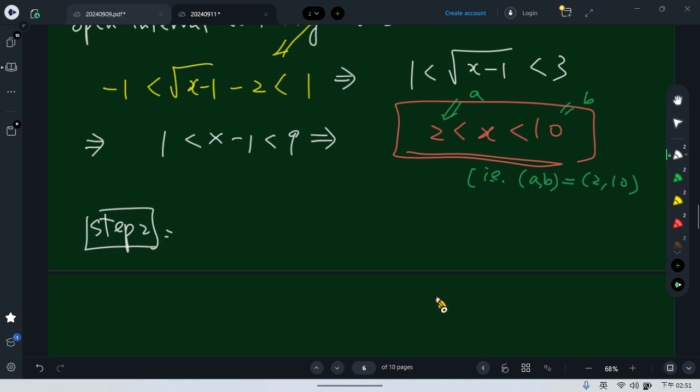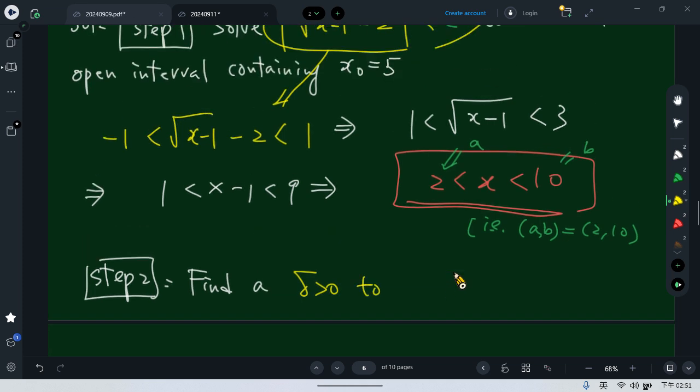For step 2, we need to find a positive delta. We can place S0 minus delta, S0 plus delta inside the AB. That means (2, 10).